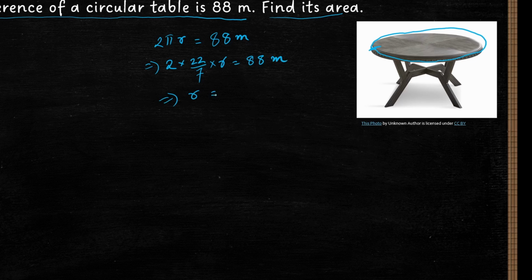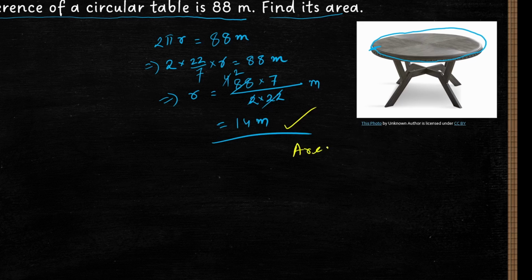Therefore r is equal to 88 multiplied by 7 divided by 2 into 22. So 22 fours are 88, 2 twos are 4 meter, and we get 14 meter. The radius of this circular table is 14 meter.